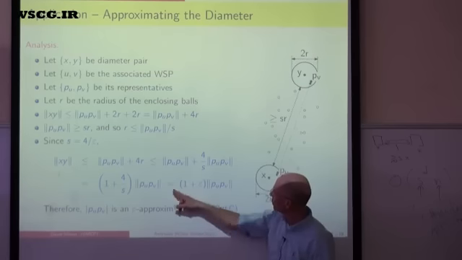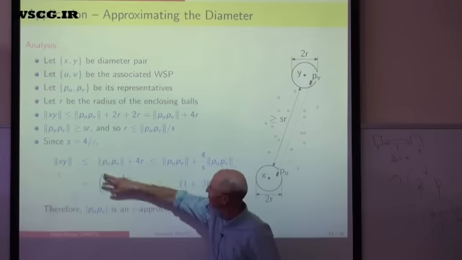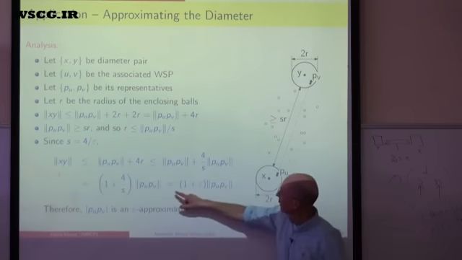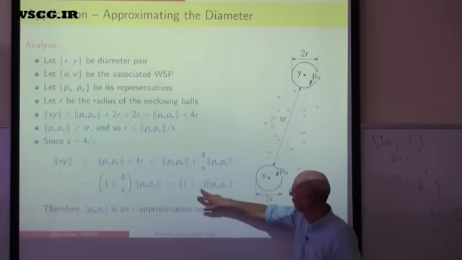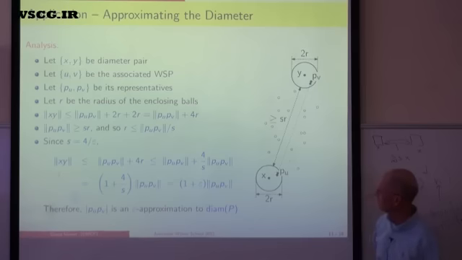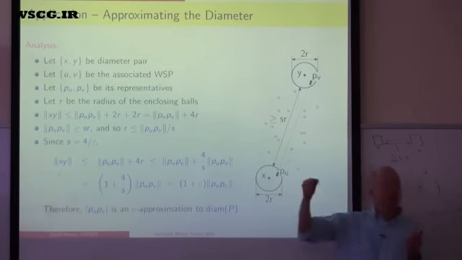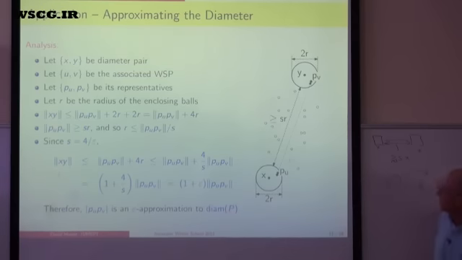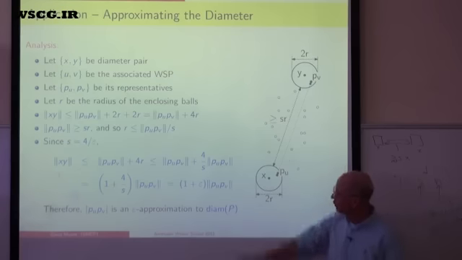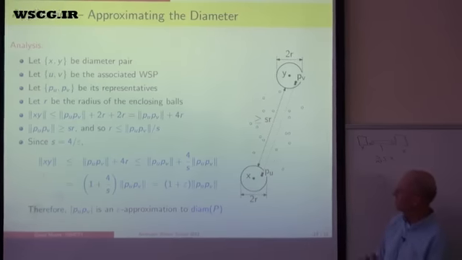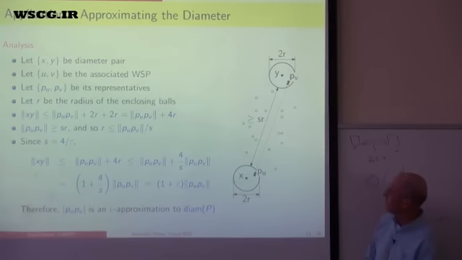And because of my choice of s as 4 over epsilon, this is going to give me 1 plus epsilon times pu pv. So in other words, it's going to follow that my pair pu pv is epsilon close as a representative to the actual distance between the diametrical pair. So therefore, pu pv is an epsilon approximation to the diameter of P.